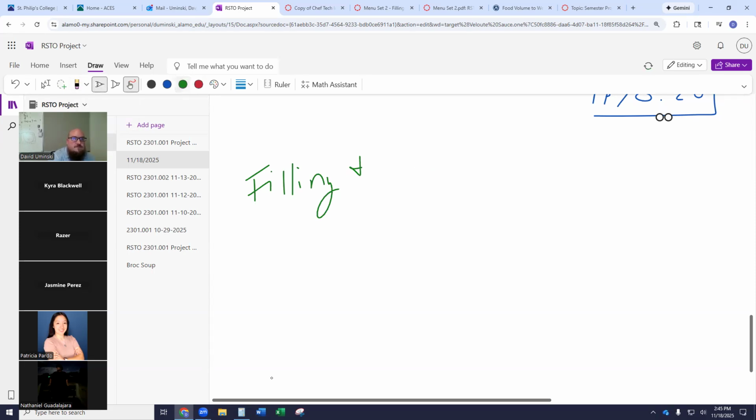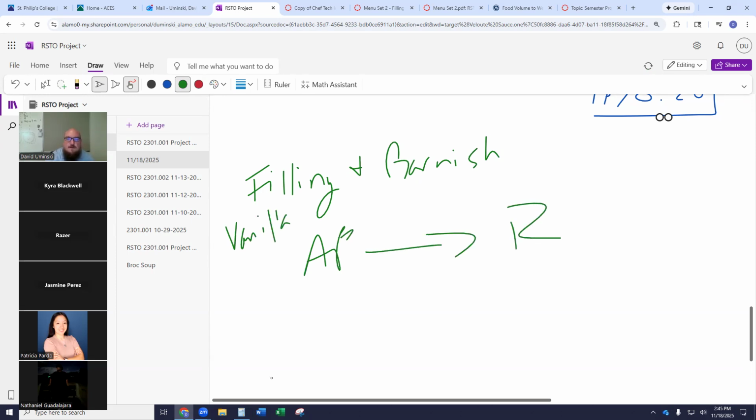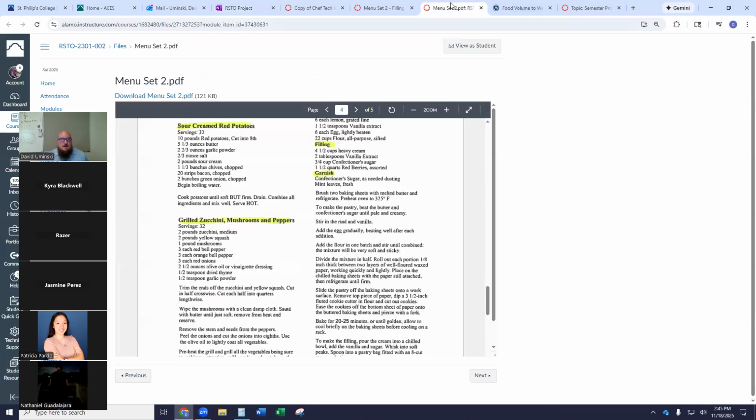Okay. So talk me through your process for the vanilla. With the vanilla, the purchase cost is 99.33 per 32 ounces. And then for the purchase amount, it's 2 tablespoons on the menu set, right? Let's double check.